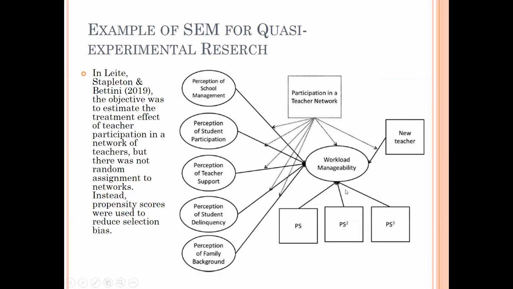The endogenous variable of interest is workload manageability. And so the main interest is estimating the treatment effect of participation in the network on the manageability. But it wasn't an experimental design because teachers were not randomly assigned to be in the network. But in this article, propensity scores were used to remove selection bias.